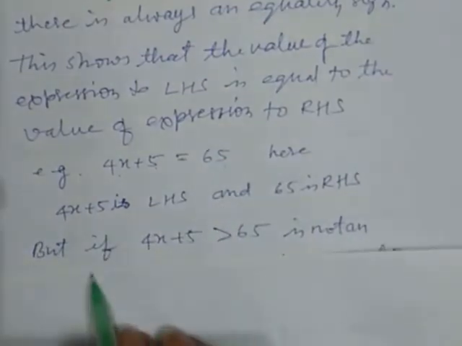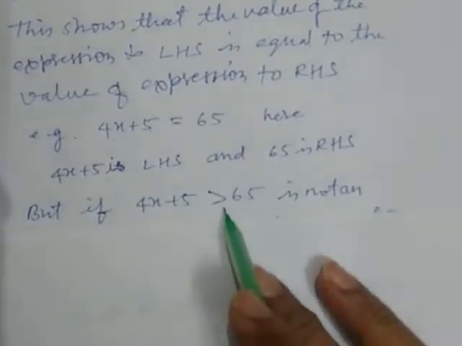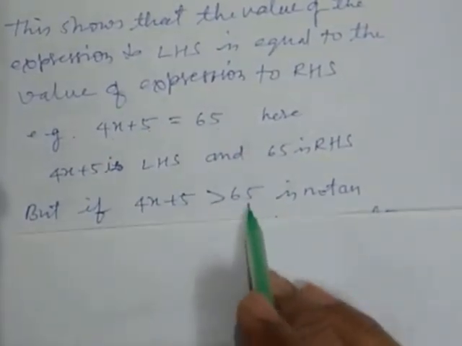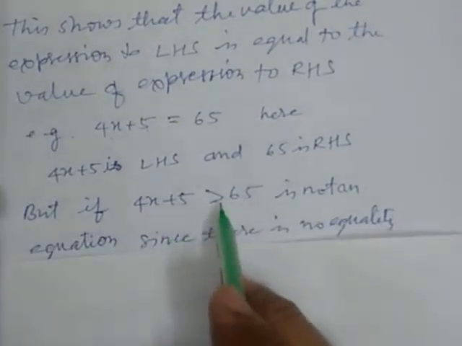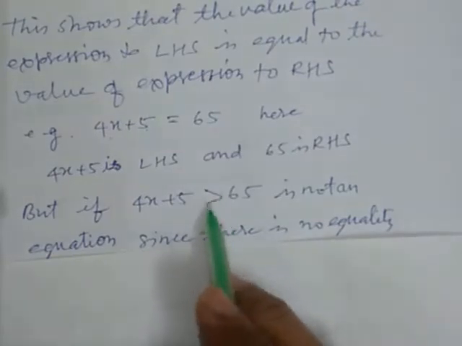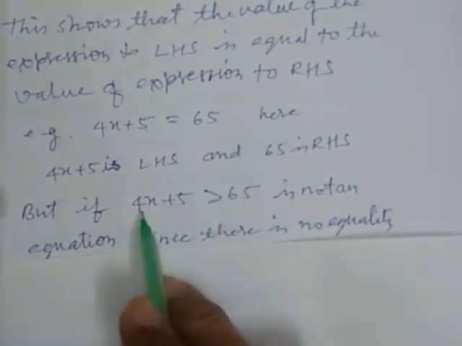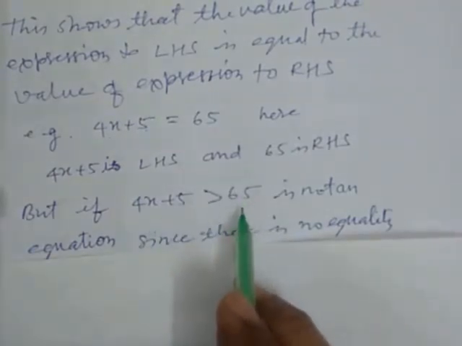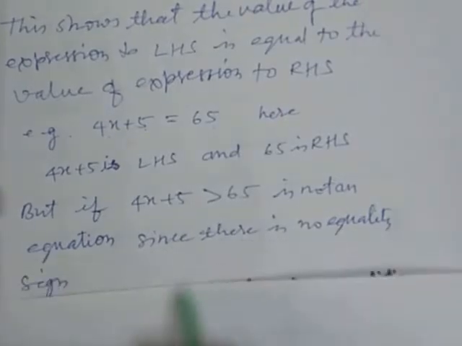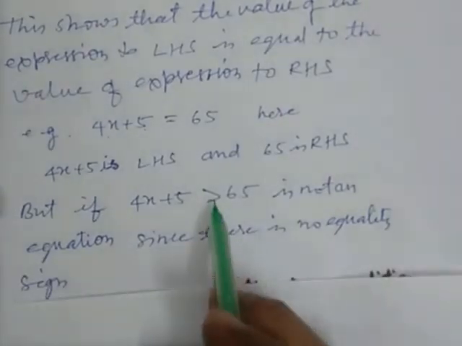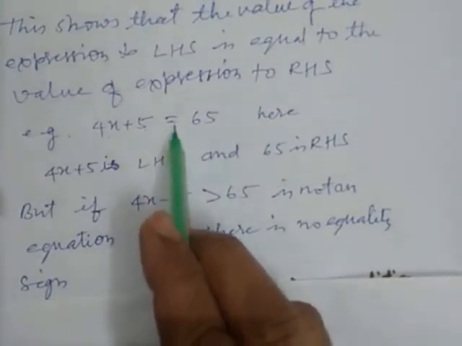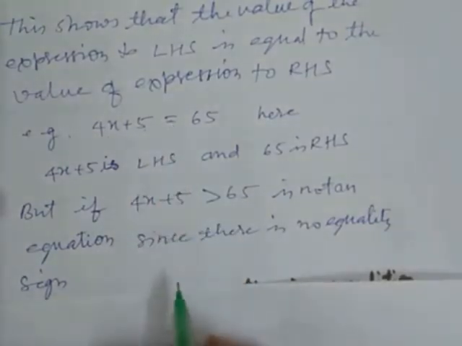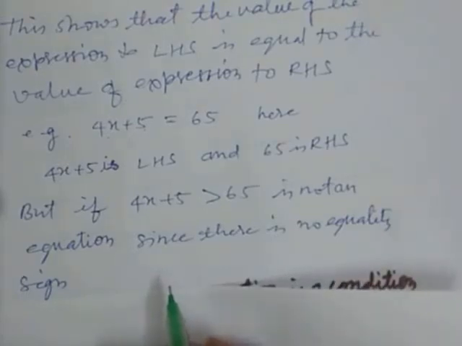But 4x plus 5 greater than 65 is not an equation, because there is no equality sign. Always remember, an equality sign is necessary for an equation.